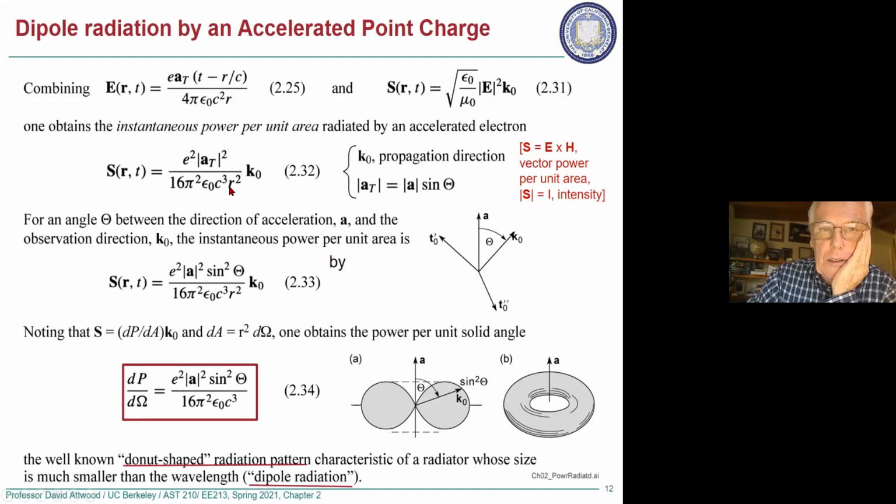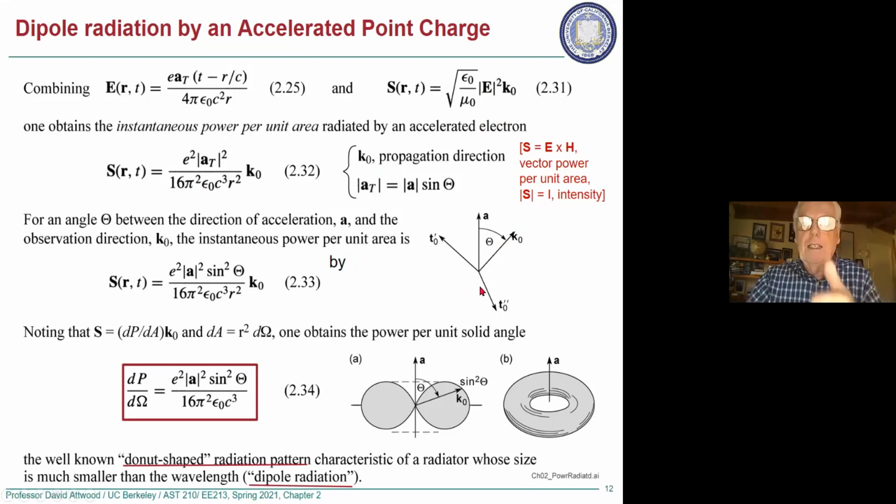So the electric field goes as 1 over r, power goes as 1 over r squared. And the transverse component of acceleration is the magnitude of the acceleration times the sine of this angle. So when this is 90 degrees, you have maximum power flow, okay?